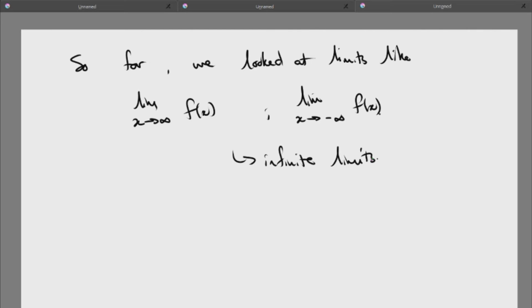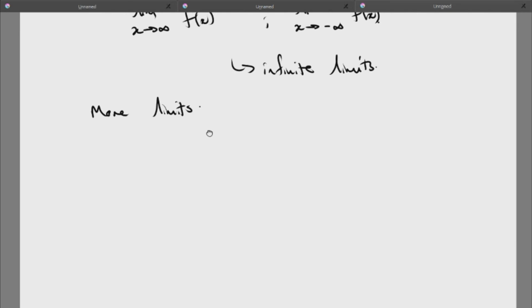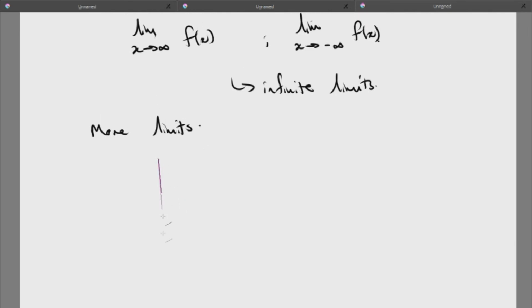But if I'm looking at behavior, there could also be things happening near specific x values. There are more behavior questions that I can now write by way of these limits, for example. If I just think of my basic rational function, I'm going to make it a little more interesting.